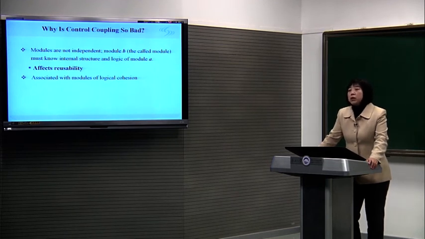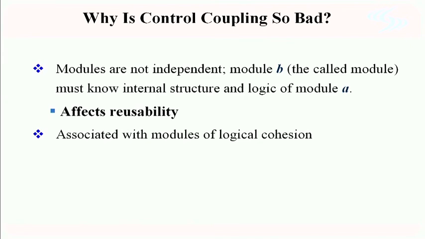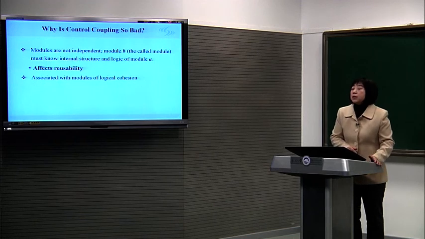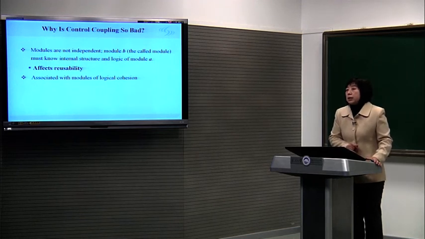Because modules are not independent. Module B must know the internal structure and the logic of module A. So that affects reusability. And just like what we have discussed just now, control coupling is associated with modules of logical coherence. Both should be avoided.